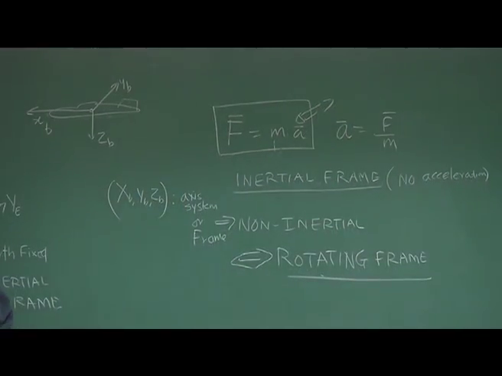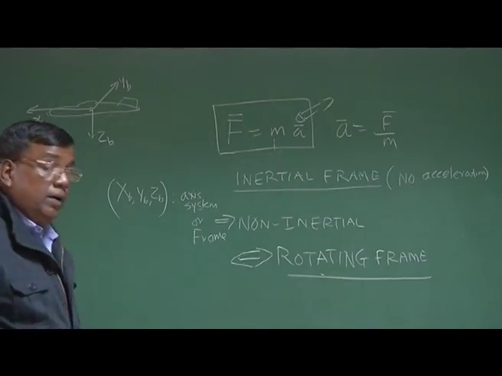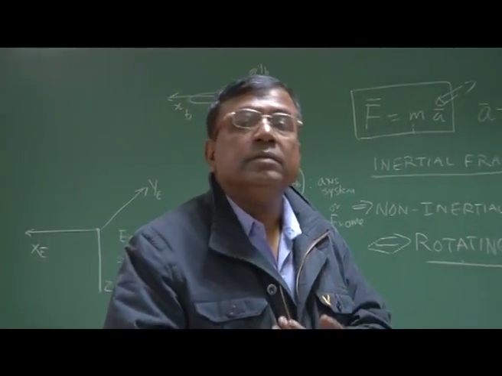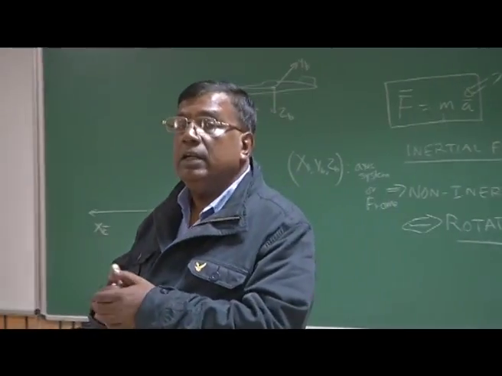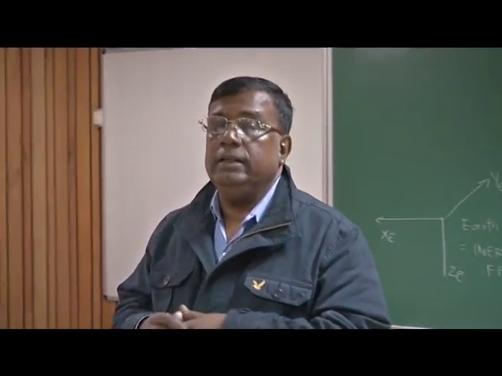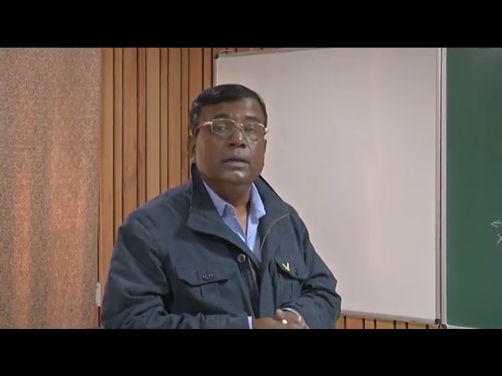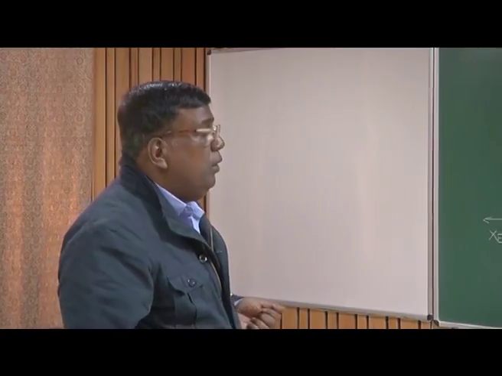Question is clear? Okay. So now we look for, let us define some inertial frame. Unfortunately, the problem is our Earth itself is rotating. So if I am fixing an axis system on the Earth, it looks like it is fixed, but it is also rotating. So then that is also not an inertial frame. So what do I do?